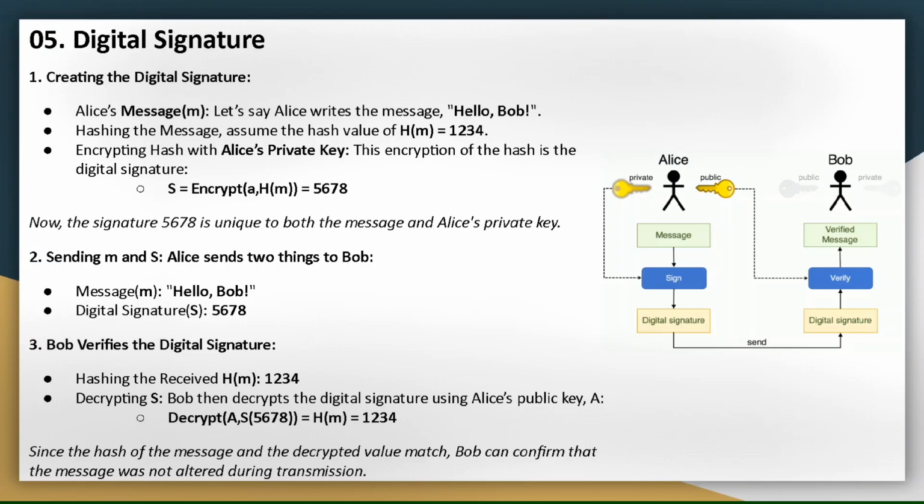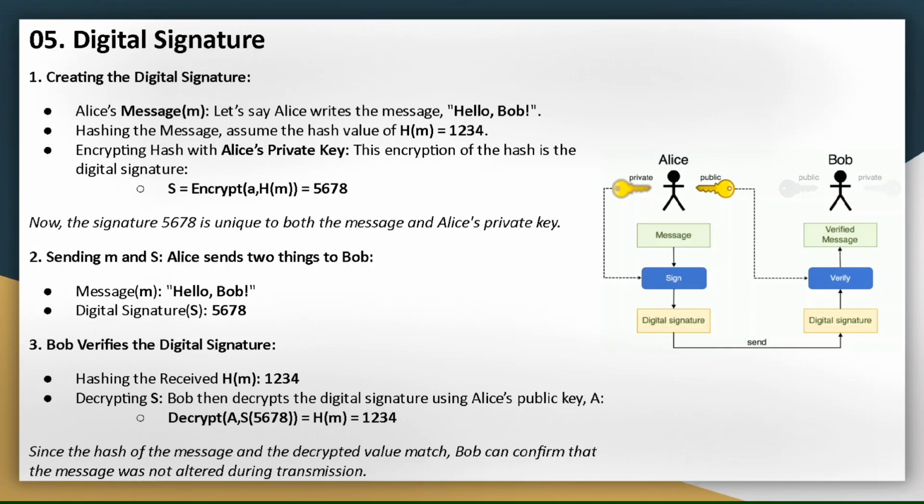Now in the decryption part, Bob decrypts the digital signature using Alice's public key A. The decryption takes Alice's public key and the digital signature received from Alice, that is 5678. It gives the hash value h of m, which will be equivalent to 1234.